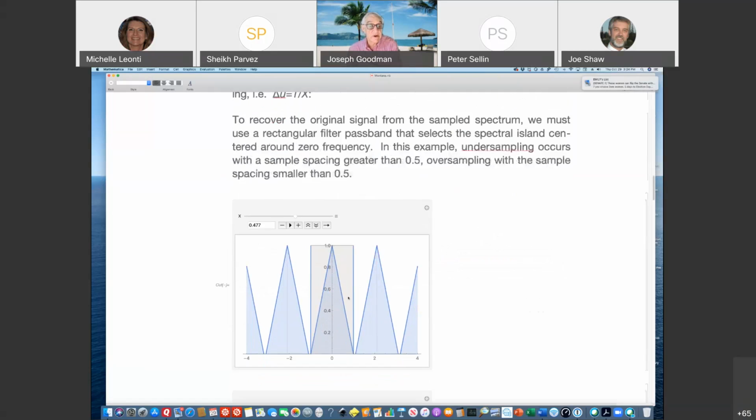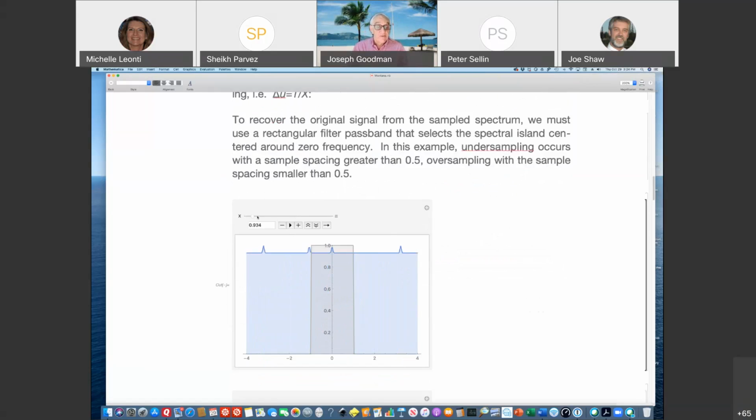So here we have an illustration, and I'm going to start with the sample spacing being 1 unit in the X domain. With 1 unit in the X domain, we have total overlap of all these replicated triangle functions, and they overlap in such a way that they create just a flat spectrum.